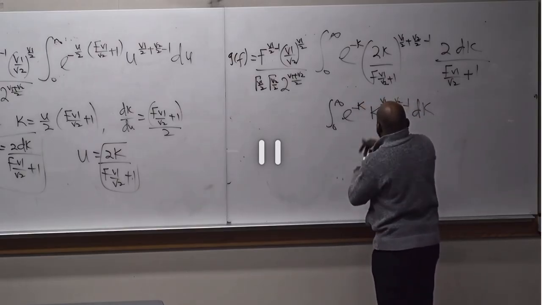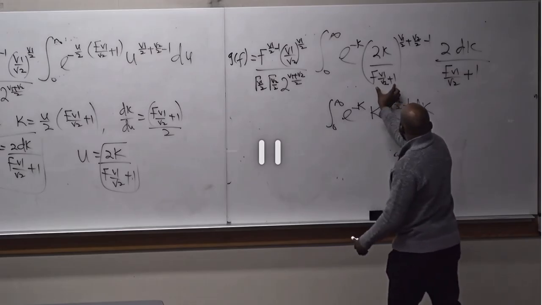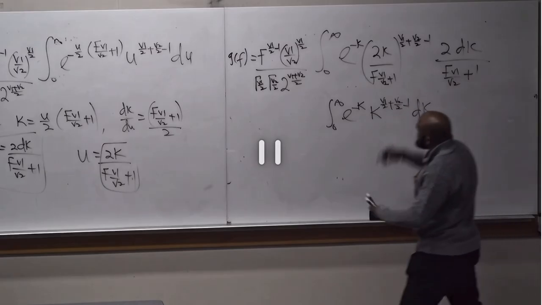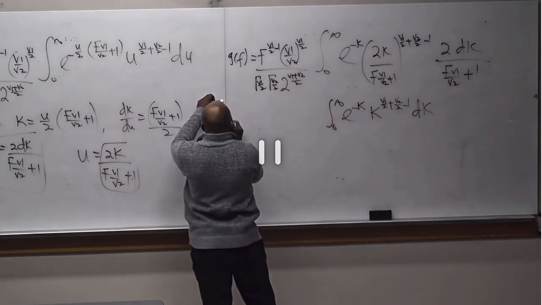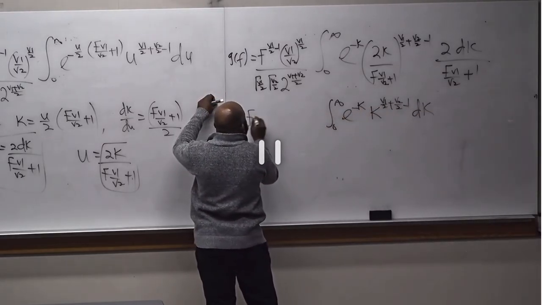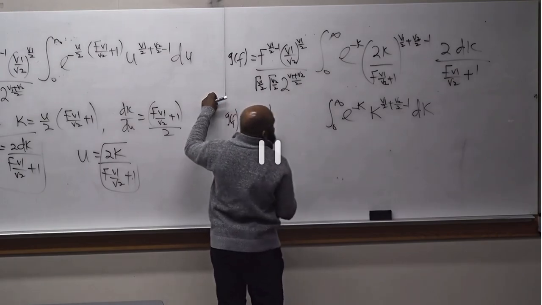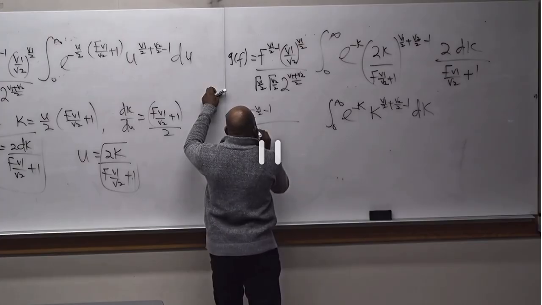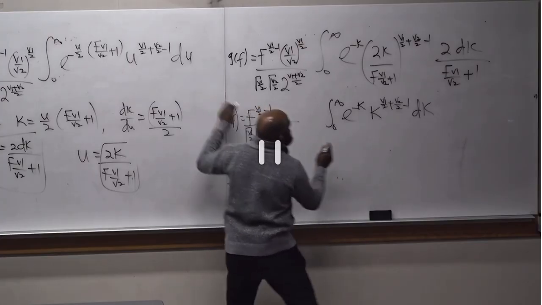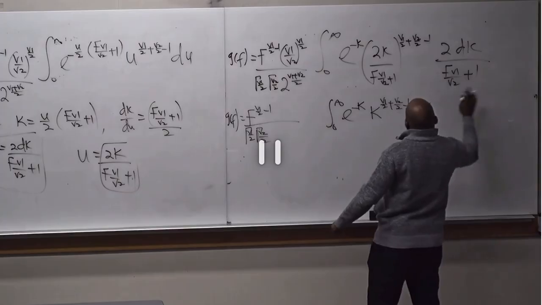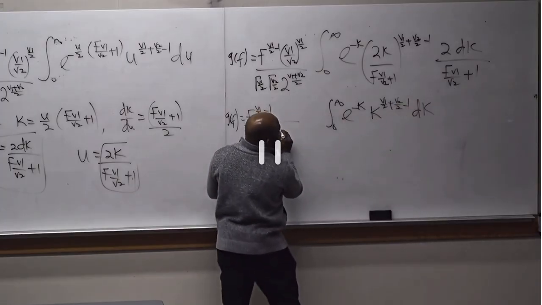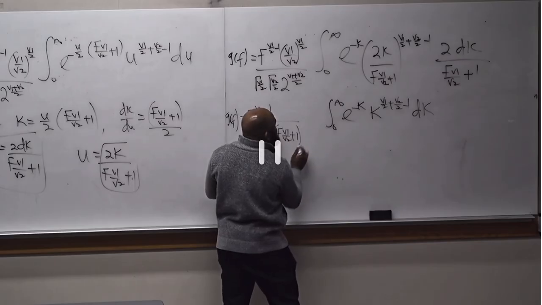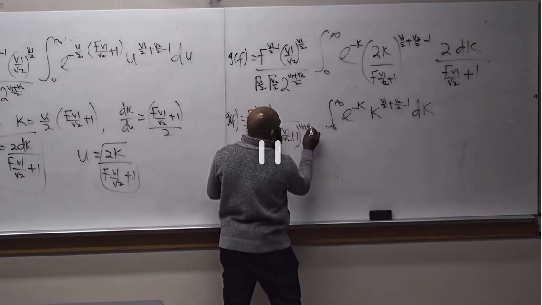This guy raised to power 1, and 1 cancels minus 1. So here I'm going to have this, divided by gamma V1 over 2, gamma V2 over 2. By the time you combine with this, I'm going to have (F V1 over V2 plus 1) raised to power (V1 plus V2) over 2.